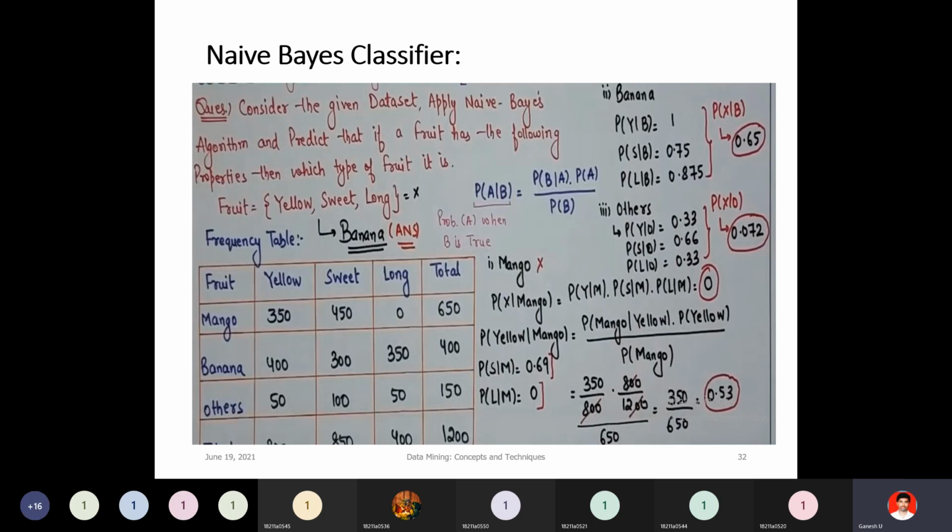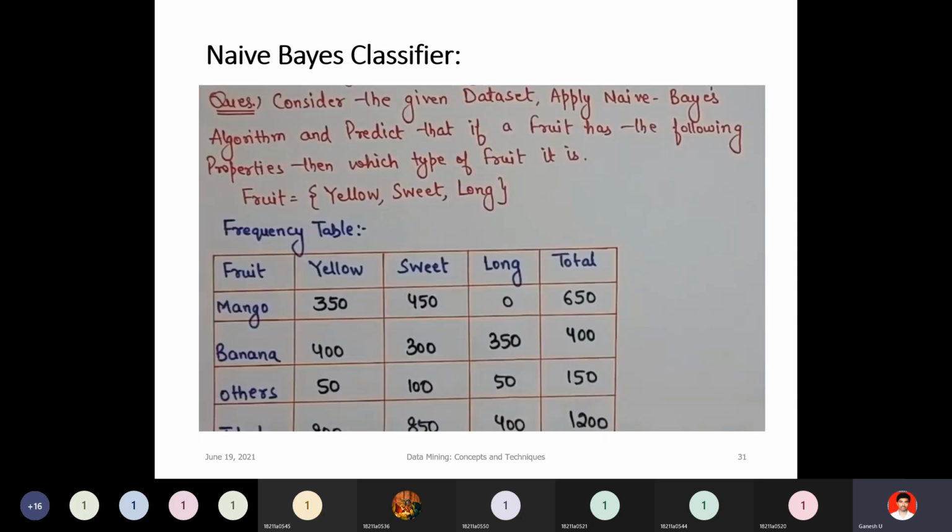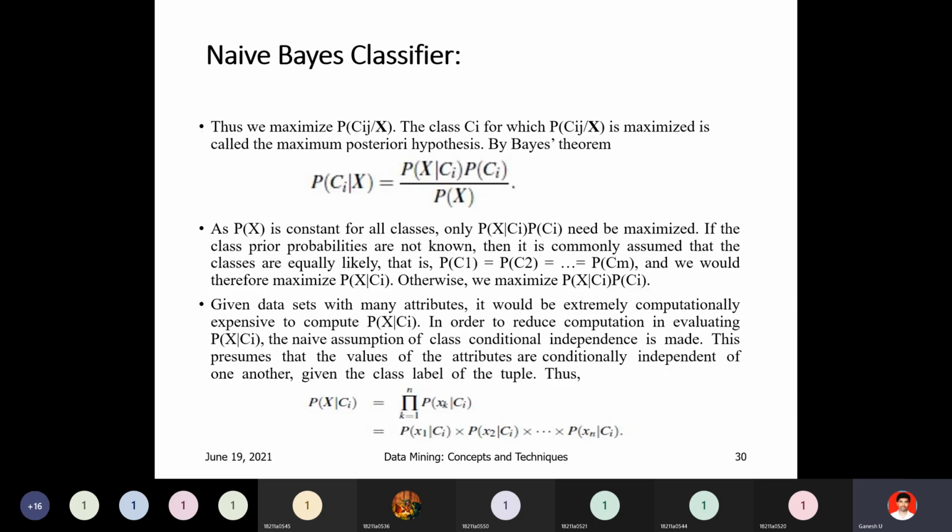So you can find that out by using this naive Bayes classifier. Naive Bayes classifier is nothing but: however many probabilities you have, you have to multiply all of those for each and every instance. See here, P of x by ci: x1 by c1, x2 by c2, x3 by c3, and so on. The ci are nothing but the classes. See here, P of x is a constant for all classes.